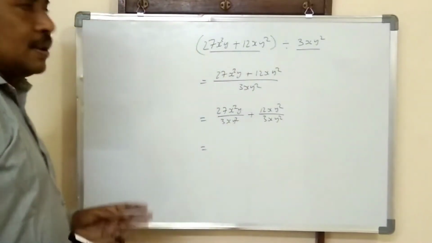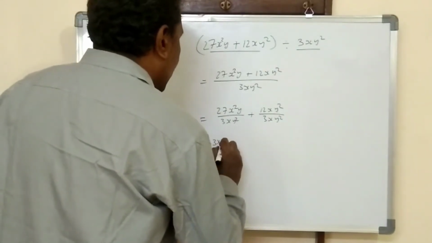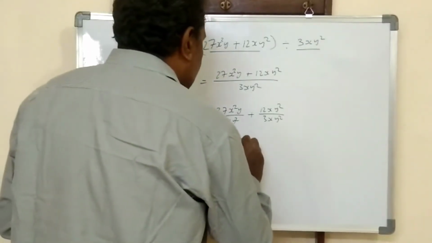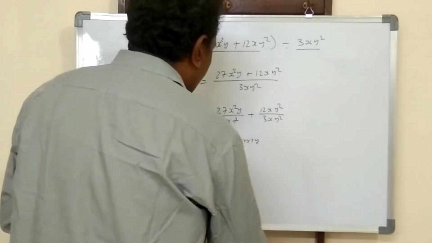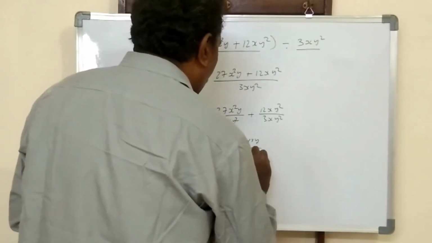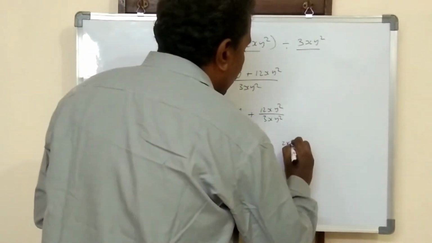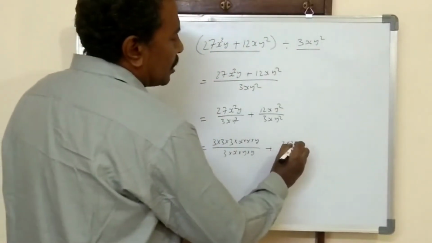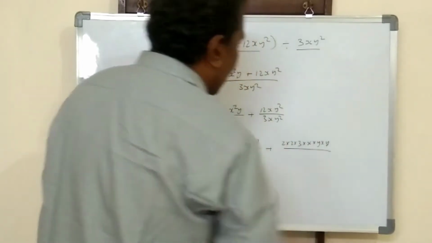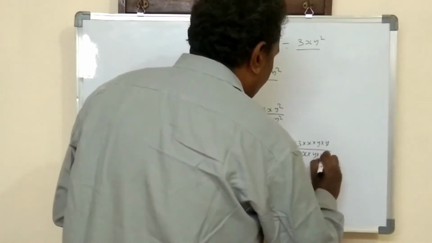You can write 27x square y in expanded form: 3 into 3 into 3 into x into x into y, by denominator 3 into x into y into y, plus 12, 2 into 2 into 3, 2 2s are 4, 4 3s are 12, into x into y into y, divided by 3 into x into y into y.